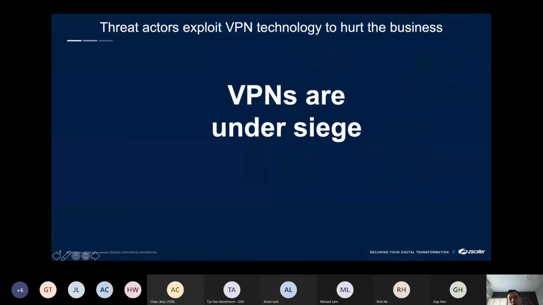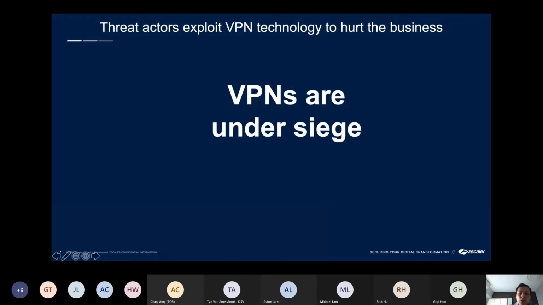So, of course, in order to support work from anywhere, I think for many enterprises, VPN technology is something that they must have. And in many cases, many enterprises should have been using VPN for many years.